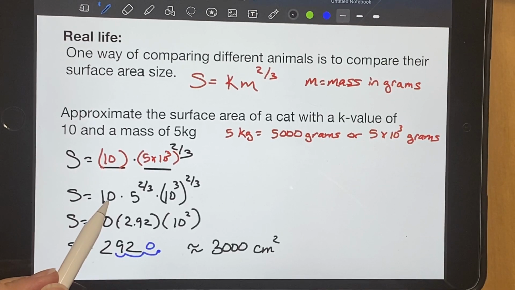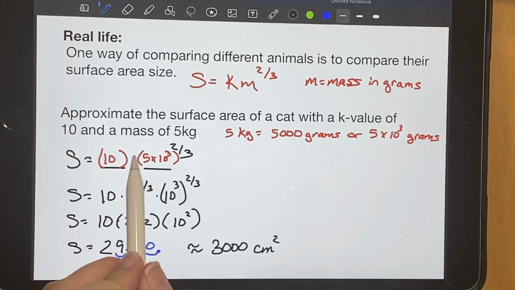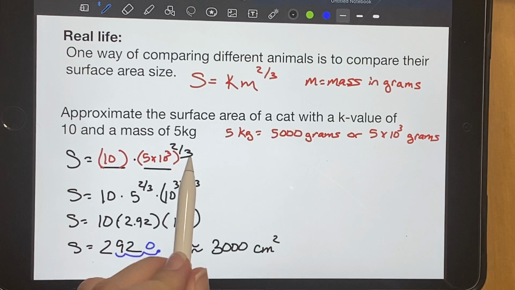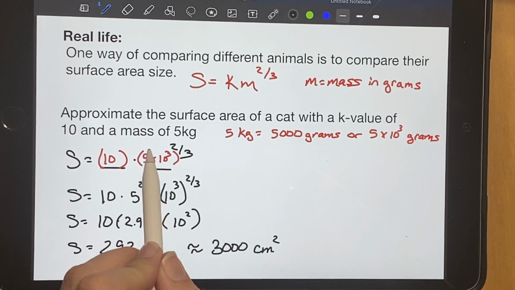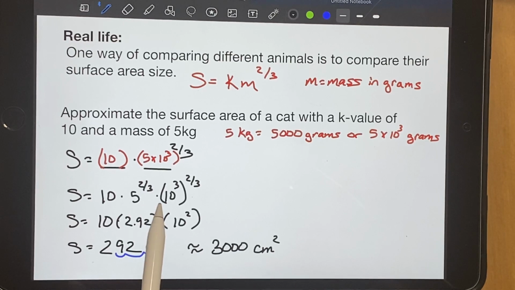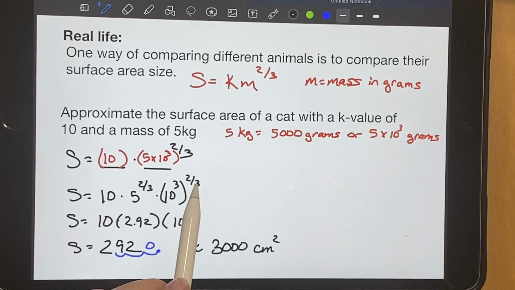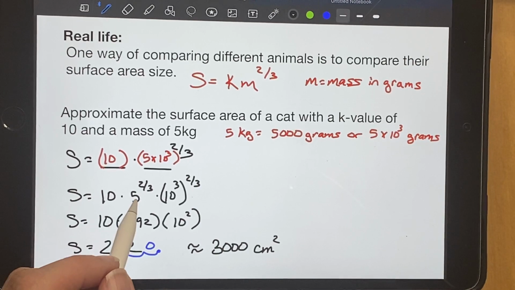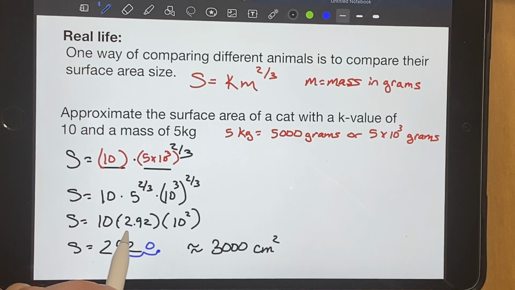So we have 10, and we changed our 5,000 into 5 times 10 to the third, and it's that whole thing to the 2/3. I'm going to distribute the power, so now I have 5 to the 2/3 times 10 cubed to the 2/3, and I'm going to simplify that way. So I've got 10 times 5 to the 2/3. We used a calculator to get approximately 2.92.